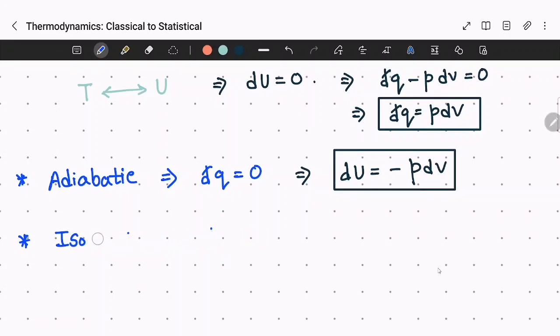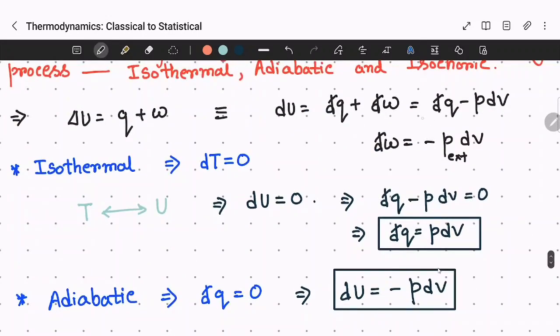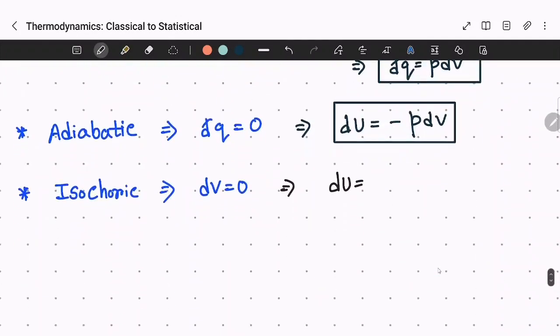But for isobaric, it should be isobaric. For isobaric, pressure is constant. Sorry, but for isochoric process, volume is constant. That means dV is 0. So if dV is 0, then from here you can write dU is equal to just d cross Q. This is our reduced first law.